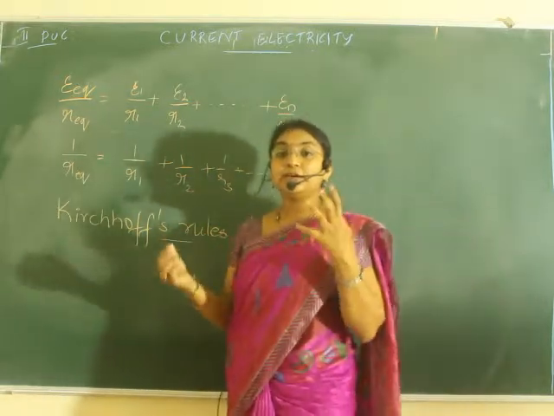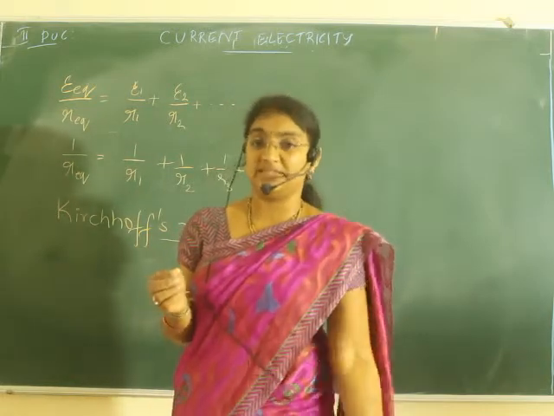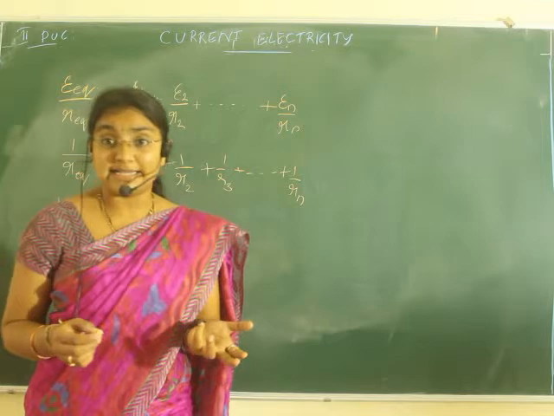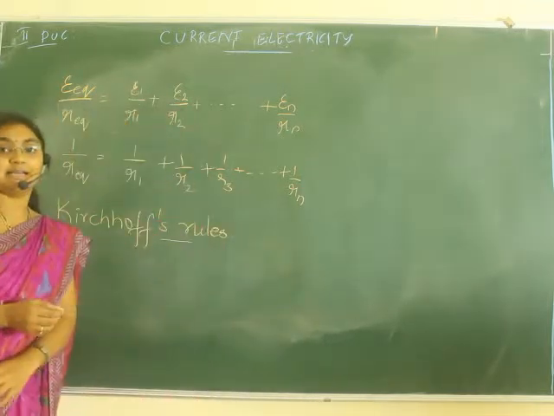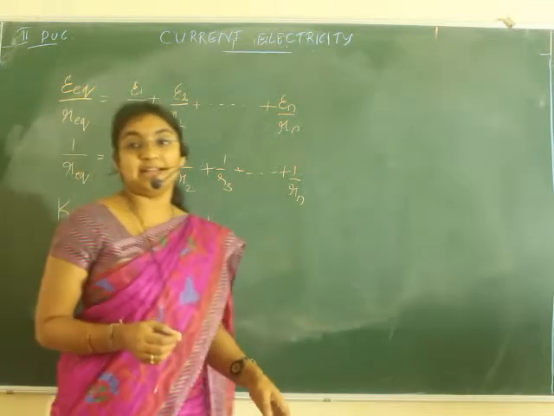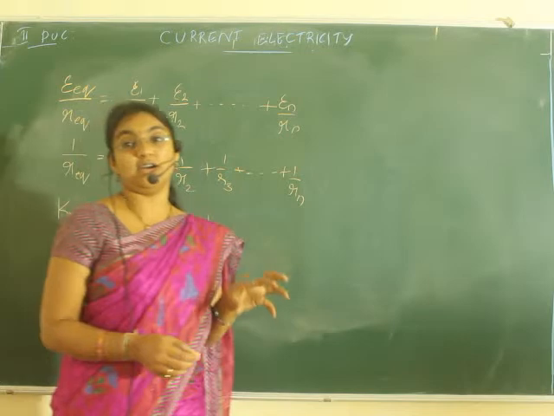But if the circuit is a little bit complicated, that is, if the circuit consists of cells as well as resistors, the combination of cells and resistors, then what we have learnt is not enough.